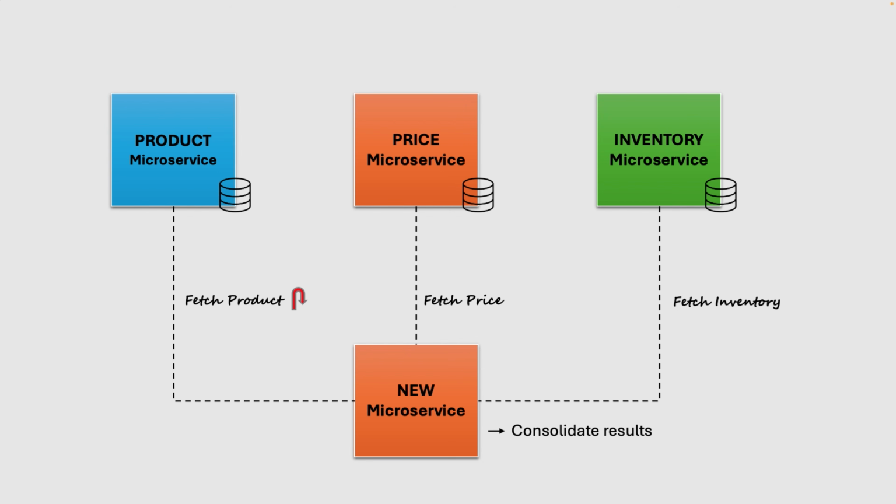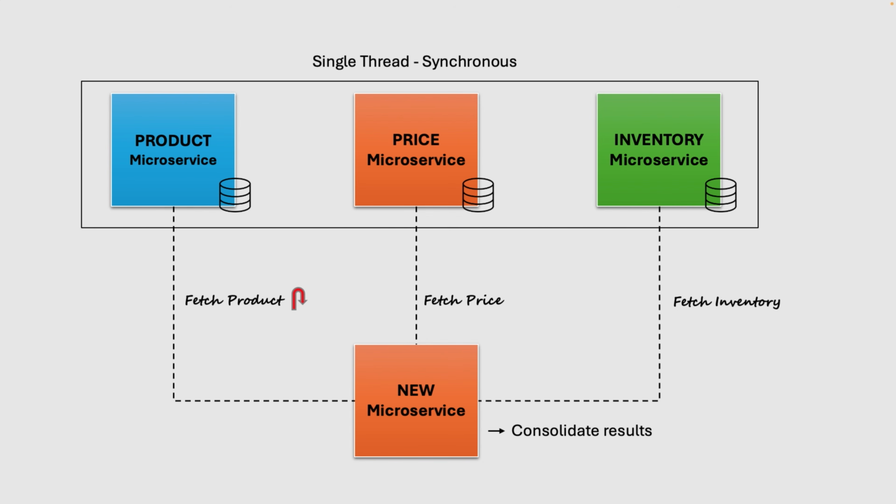And since this is a synchronous call, it's common that your main thread will be blocked until each response is returned. So here all the three microservice calls will run in a single thread. So it does not make any sense to keep multiple tasks in a single thread, right? This design is not acceptable at all, isn't it?